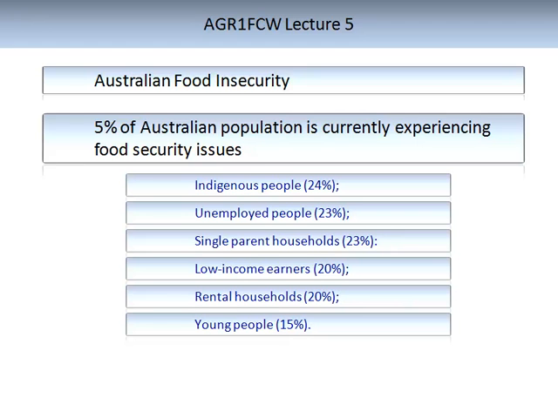Of this 5%, the following list is who is impacted by food security issues. 24% are Indigenous peoples, 23% are the unemployed, 23% are single-parent households, 20% are low-income earners, 20% are rental householders, and 15% of this cohort are young people.